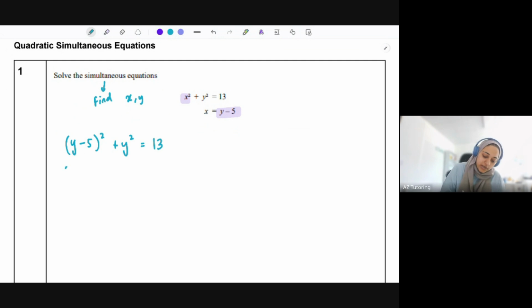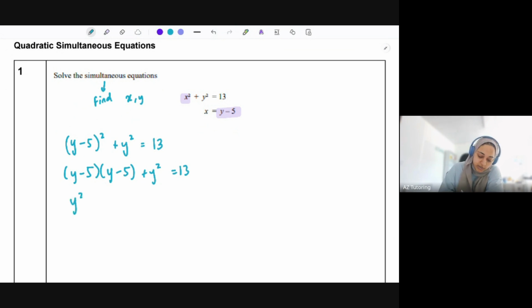This y minus 5 squared, remember it's y minus 5 times y minus 5. A common mistake students make is they just say it's y squared plus 25. That's completely wrong. It's y minus 5 times another bracket y minus 5 plus y squared equals 13. Let's expand. You can use a grid method or your normal FOIL method.